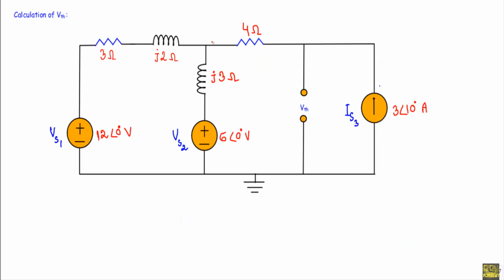After calculating ZTH, we will calculate the Thevenin voltage with respect to the same terminals. To calculate the Thevenin voltage in a circuit, we can use mesh analysis or supermesh analysis. We can use the nodal analysis method. Sometimes the superposition theorem works well.